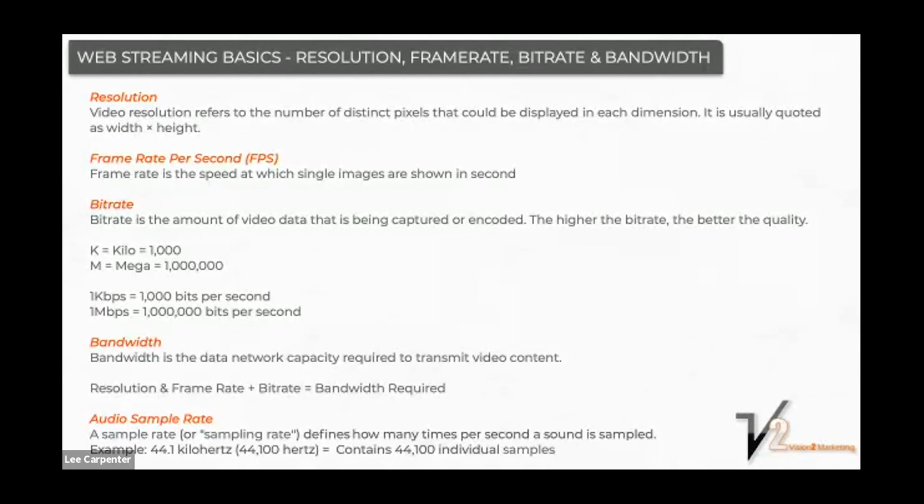So bandwidth is the other portion of this triangle. Bandwidth is the amount of data network capacity required to transmit video content. So I have my resolution, I have my frame rate. Those are things that I need to determine. What determines how much of that and how well it is captured through my capture device is bit rate.